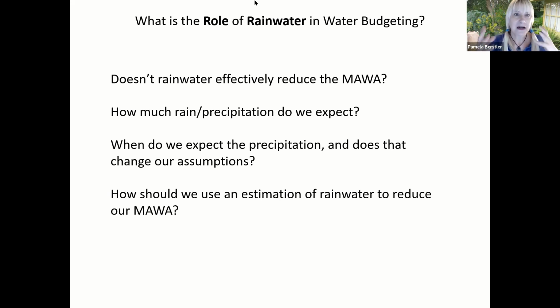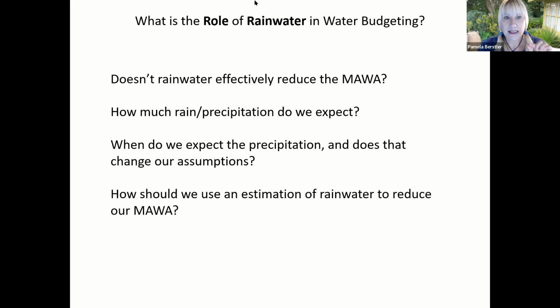So this is kind of a policy discussion more than anything, but be aware that many ordinances regarding water budgeting will take rainwater into effect, and they often do it in two different ways.